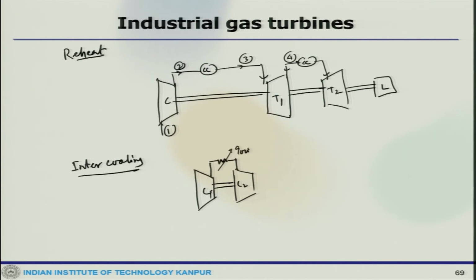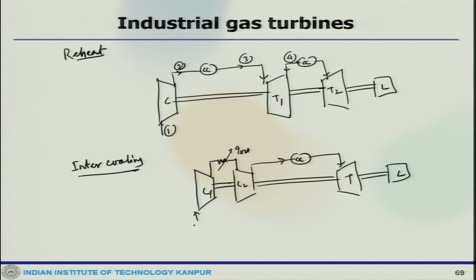So, here the Q out goes out, and then it connects with the turbine, where it goes out, the combustion chamber comes here, connected to the load. So, this is 1, 2, 3, 4, 5, 6.